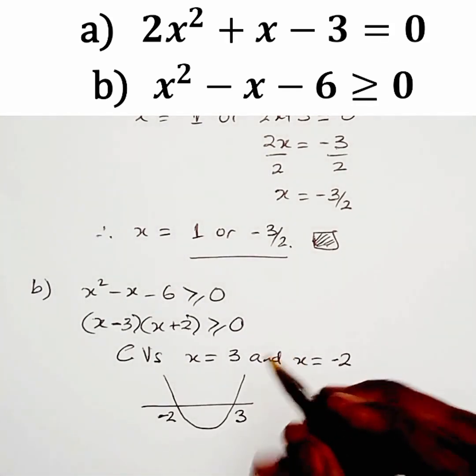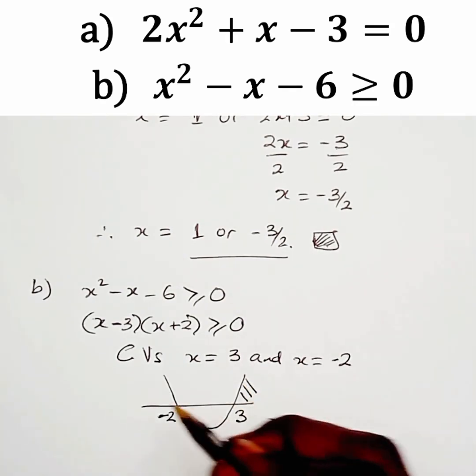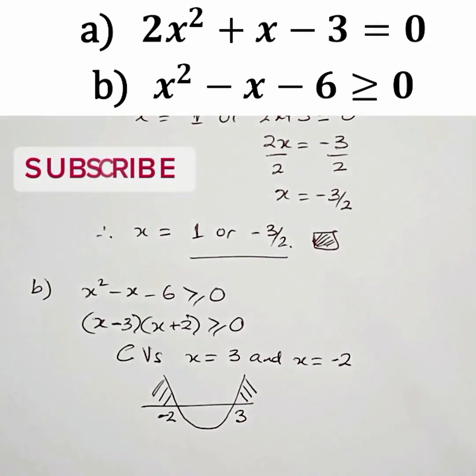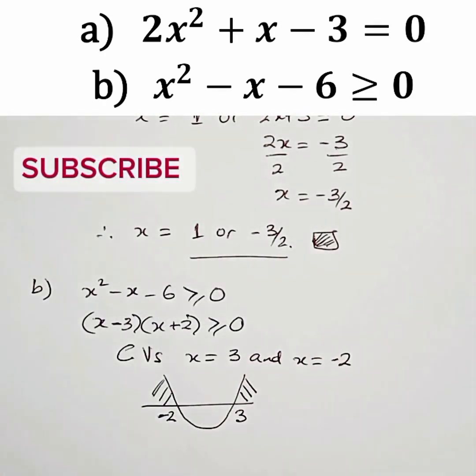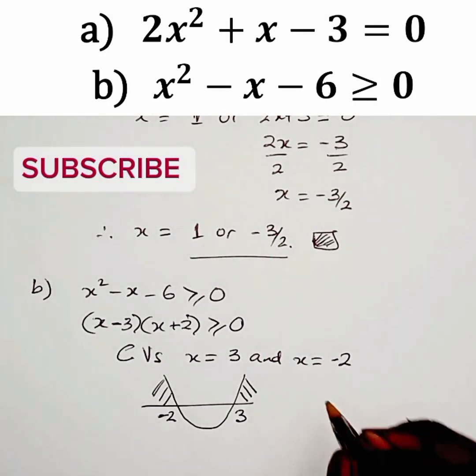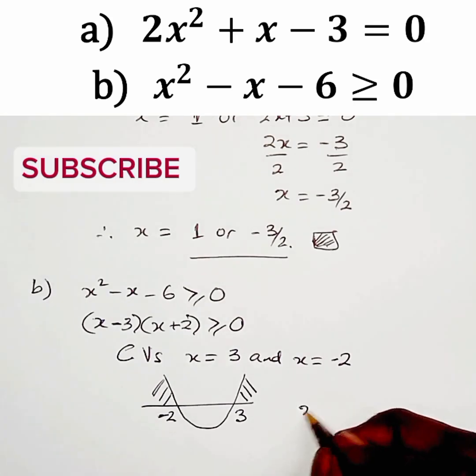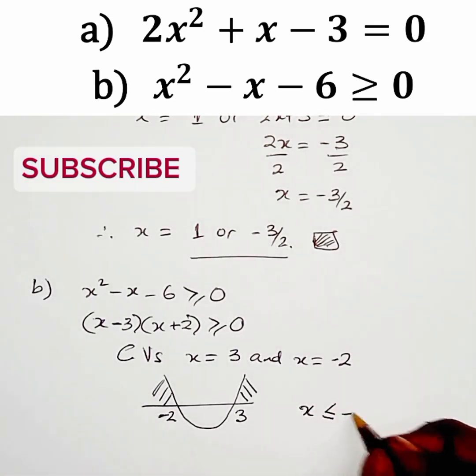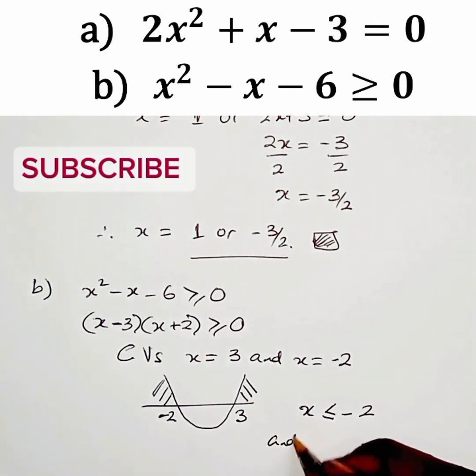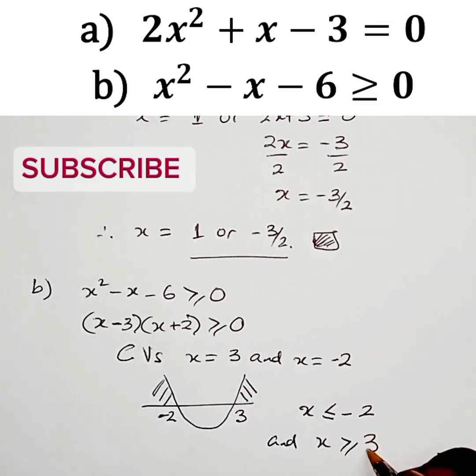So we are going to look at these regions, all right, because that's where y is greater than 0 going up there. All right, so in that regard, we are going to say, therefore, x is less or equal to minus 2 and x is greater or equal to 3.